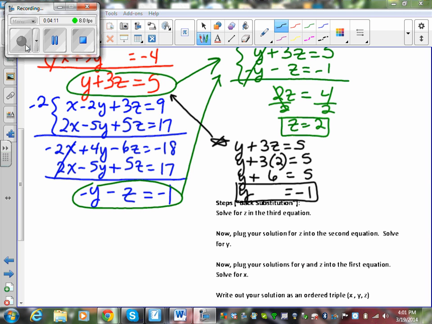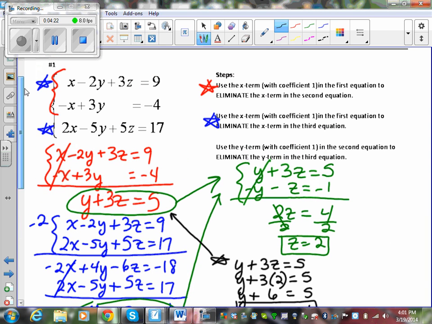Okay, we're almost there. We have z, we have y. Now we still need to solve for x. So we need an equation that involves x. So what you want to do then is go back to the beginning of the problem. You actually have 3 different equations in that original problem that incorporated x, y, and z. So I'm just going to choose one of those equations. It doesn't matter which one you use.